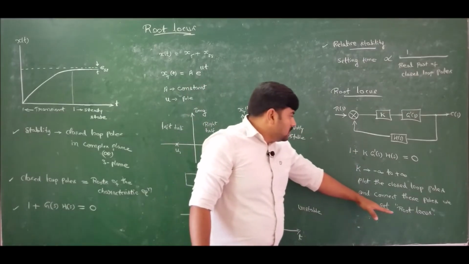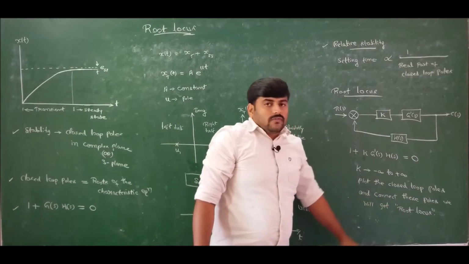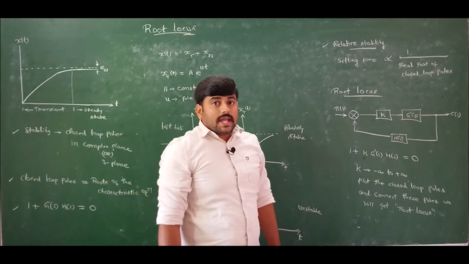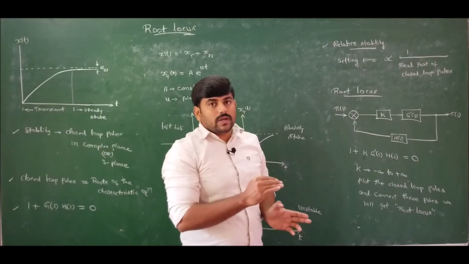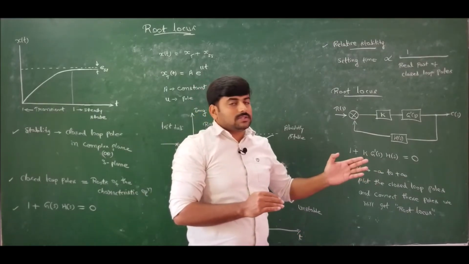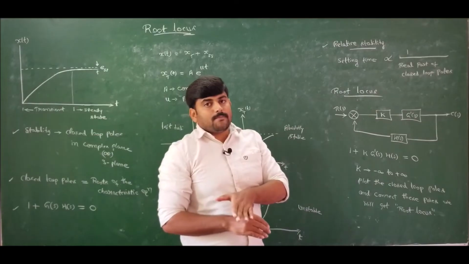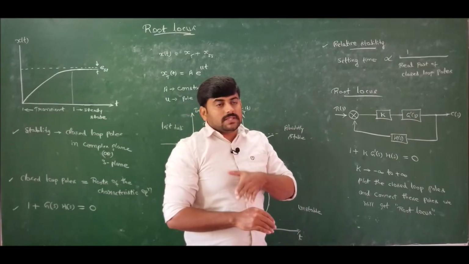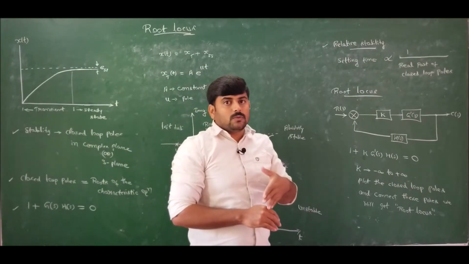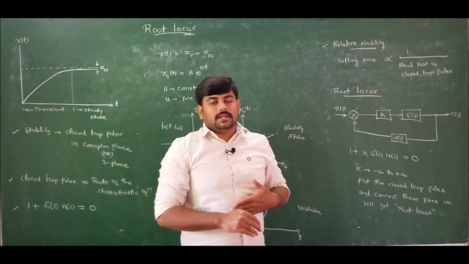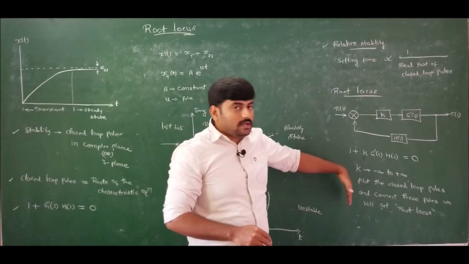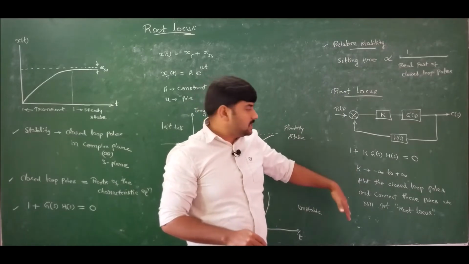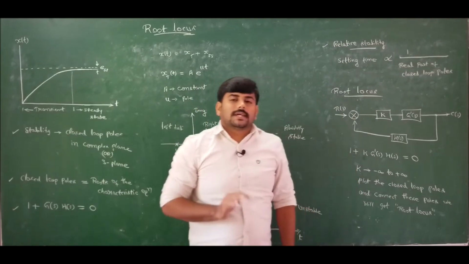What is that giving us? If I determine the root locus, I can observe on that line how the poles are moving, whether the poles are moving towards minus infinity or towards plus infinity, which means whether the system is moving towards stability or towards instability. That is the point of interest, which can be determined by the graphical method suggested by Evans, that is nothing but the root locus technique.